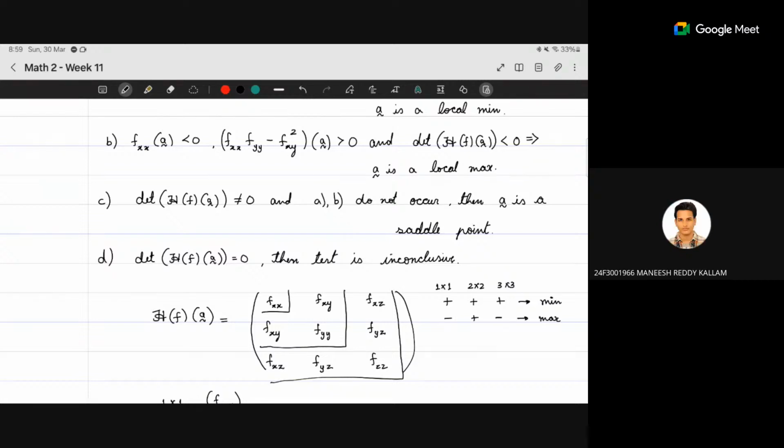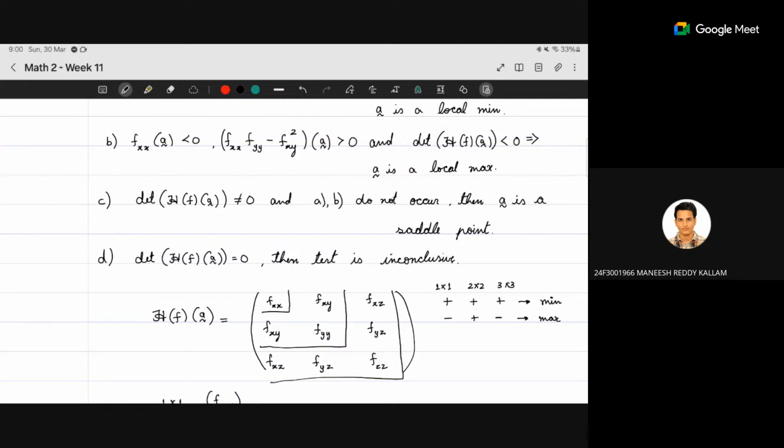Since you have written "and", both of them should occur. Like, if one of them is zero, the other need not be, but it won't be a minimum or maximum, right? Yeah, so logically, if any of them is zero, it will be a saddle point.